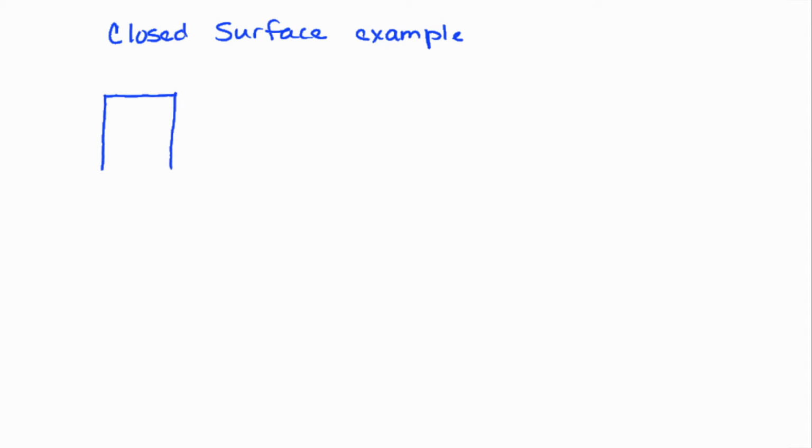This will be a second example for electric flux, this time using a closed surface. So the surface that we'll use this time will be a cube. So imagine that this actually looks like a cube.